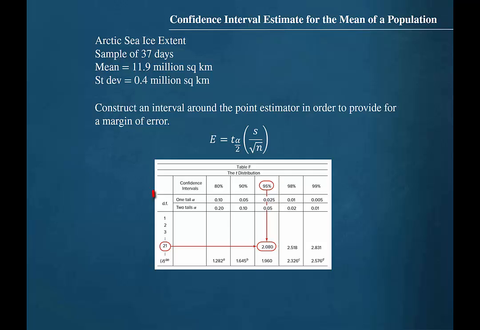Note the abbreviation in the left column, df. This refers to the number of degrees of freedom. For this application, the number of degrees of freedom is one less than the sample size. Note the top row gives varying confidence levels. The highlighted example would be for the construction of a 95% confidence interval with 21 degrees of freedom.